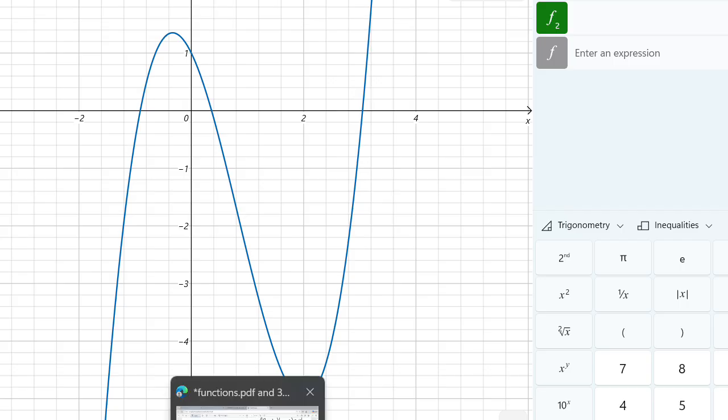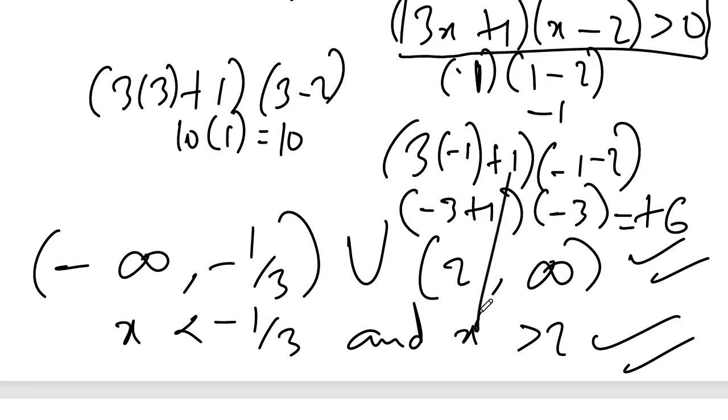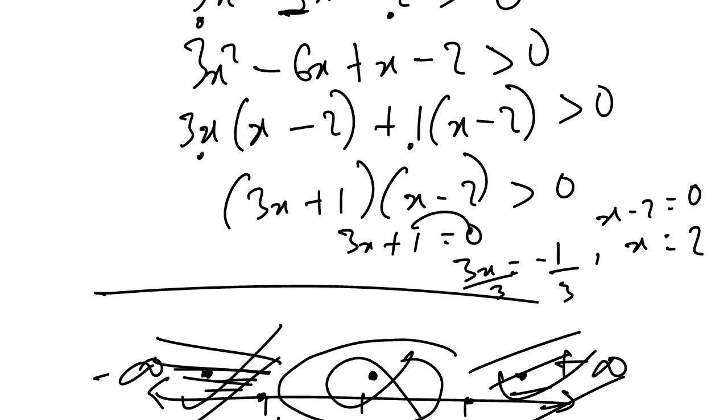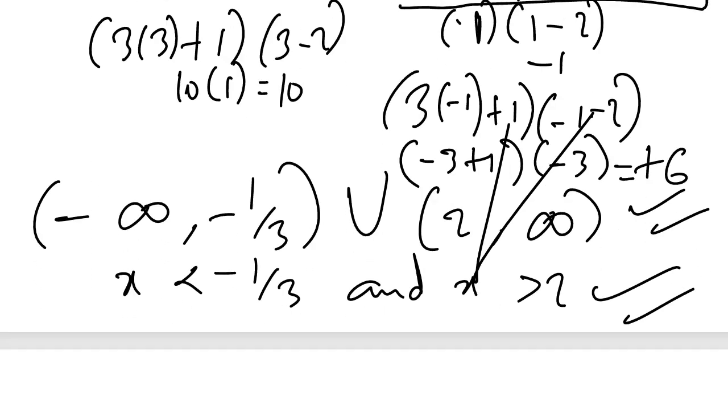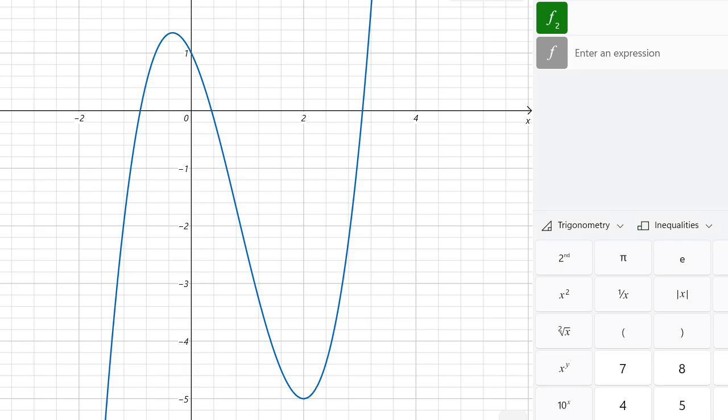What was the question? So that you understand what it's saying. The question said the set of values for which it's increasing. And the first inequality says that x should be greater than 2. And from this graph, you can see that when x is greater than 2, there's an increase.